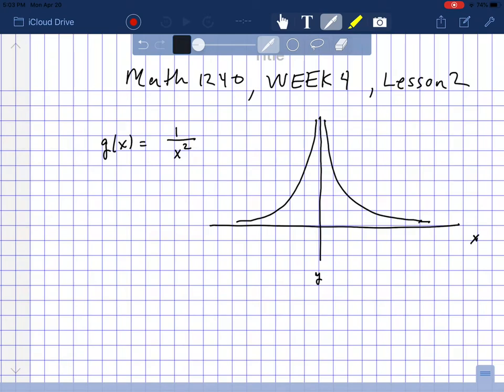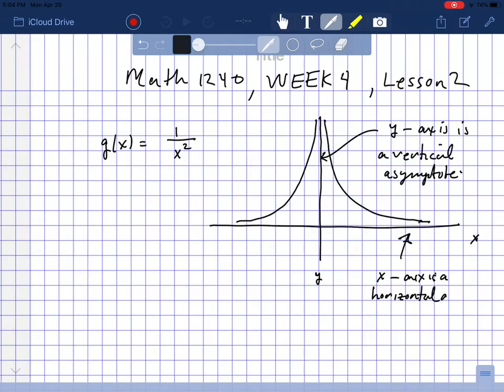In other words, as they get larger and larger. So we have the y-axis is a vertical asymptote, and the x-axis is a horizontal asymptote.